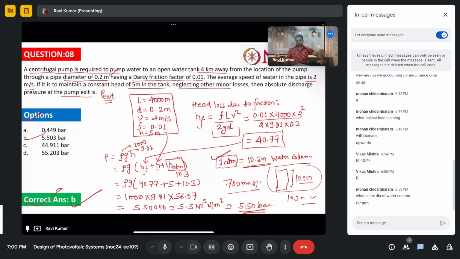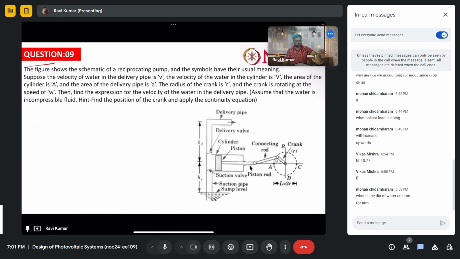Next we have one more question. First of all, just tell me which kind of pump this is. This is a reciprocating pump.